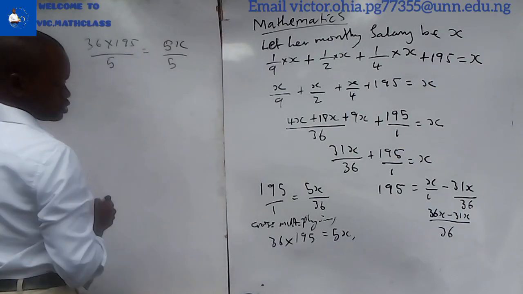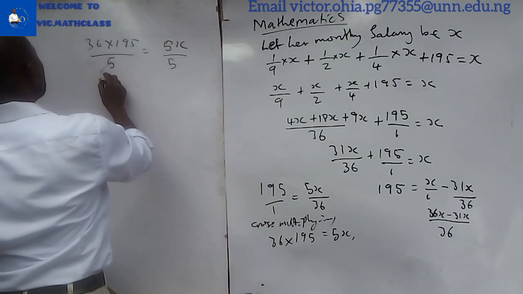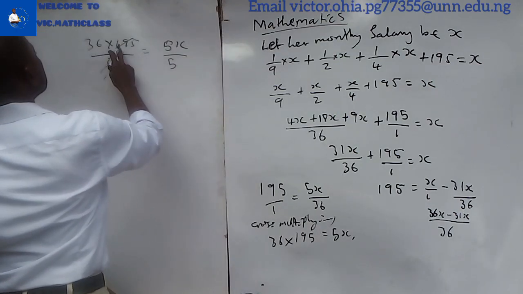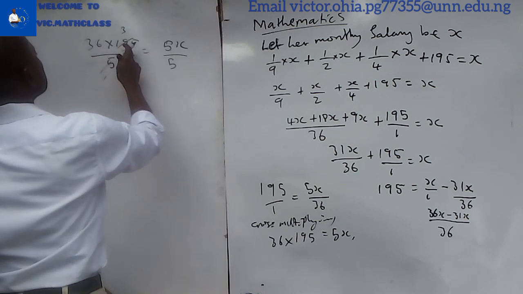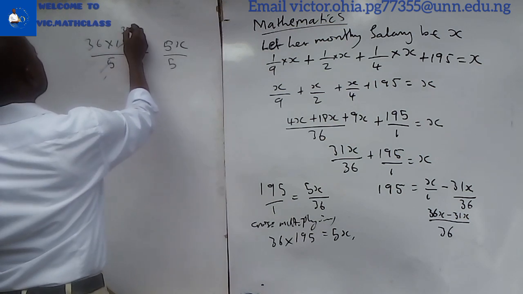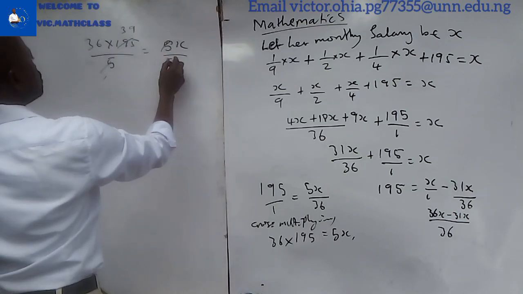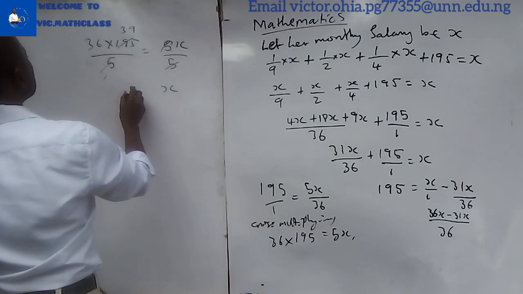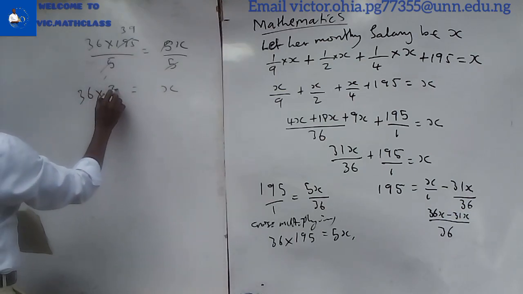So 5 cancels itself here, 5 into 195 is 39. So x equals 36 times 39.